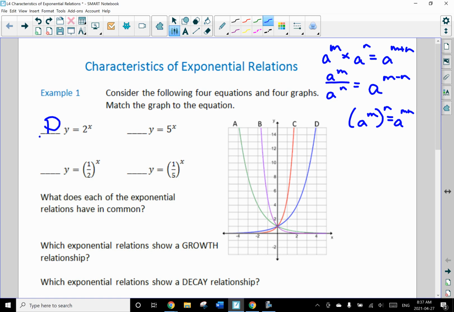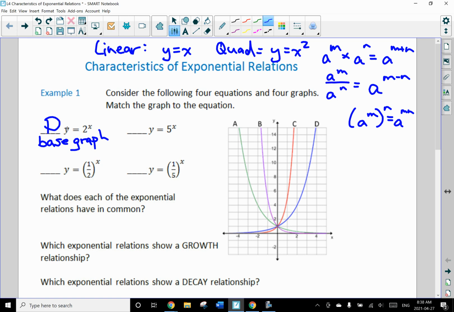This is considered our base graph for any exponential relationship. If we were doing linear, our base graph is y equals x. If we were doing quadratic, our base graph is y equals x squared.